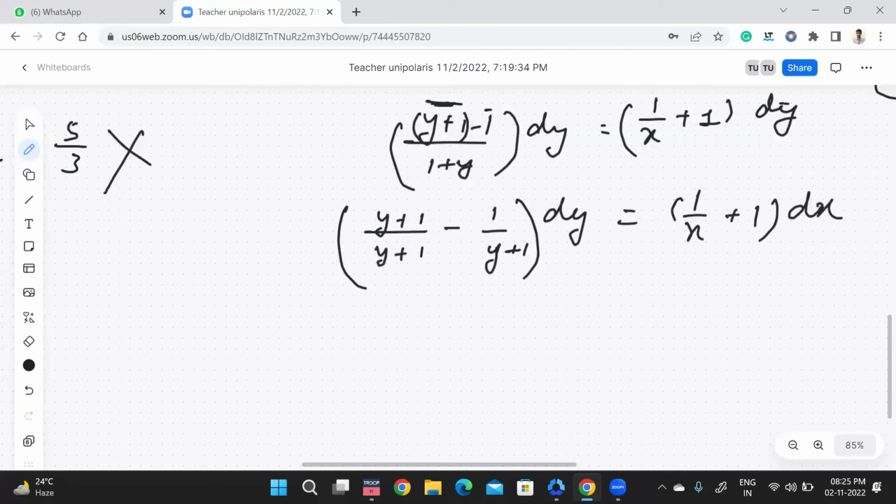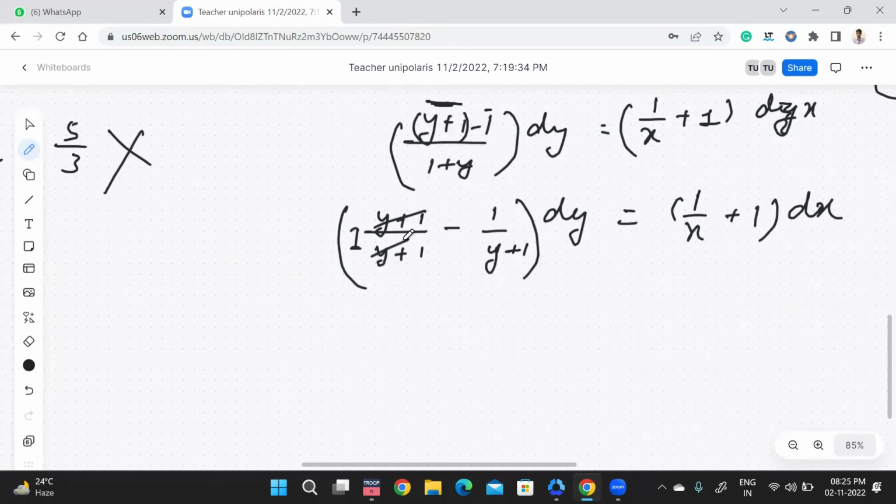This is dx. So this comes to be 1 minus 1 by y plus 1. From here the question is similar to what we did before. So let's quickly jump to the next question.